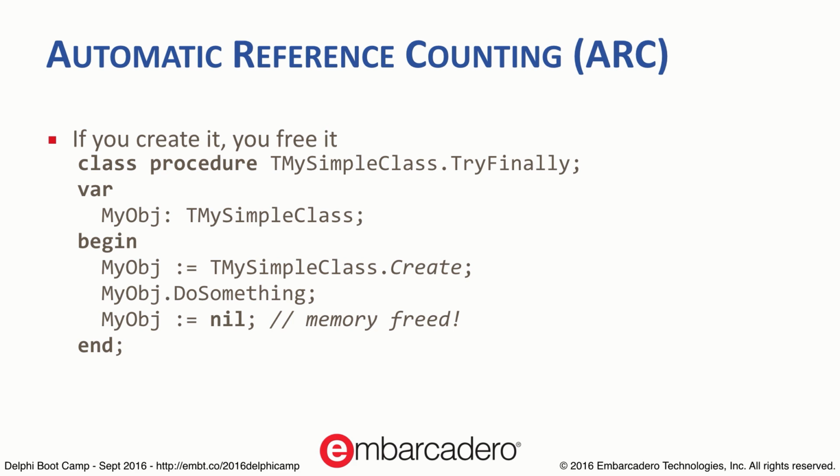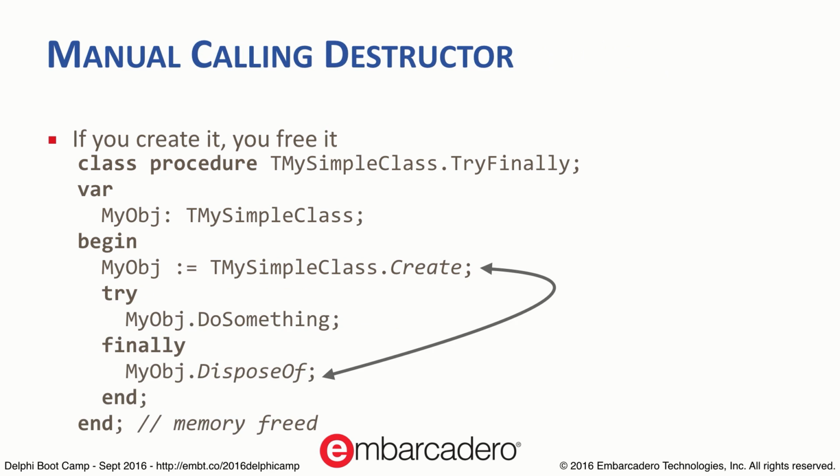You are still in control as the programmer. You can choose to pool objects, you can choose when to free them, etc. You don't have to be dependent on the memory manager, the garbage collector. You are in control. That's a really important differentiation between ARC and garbage collection.